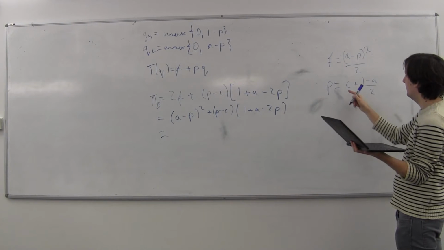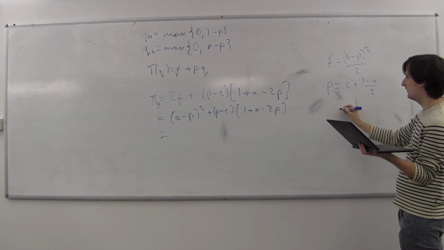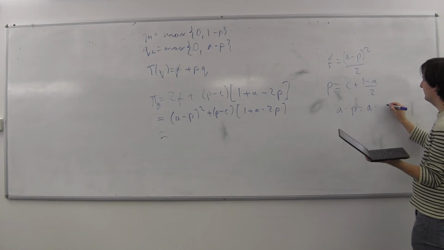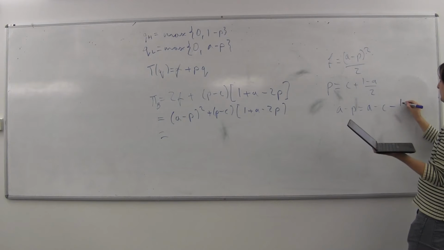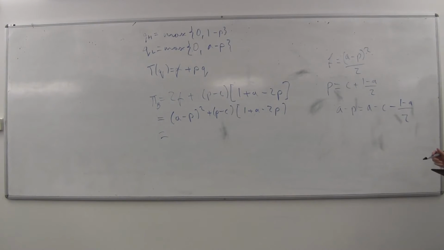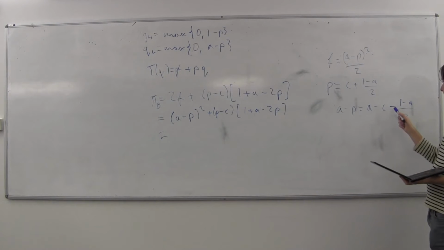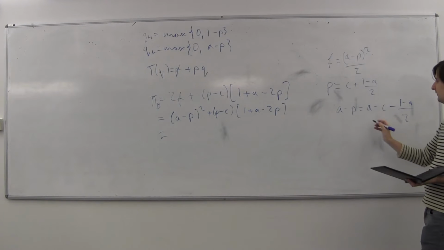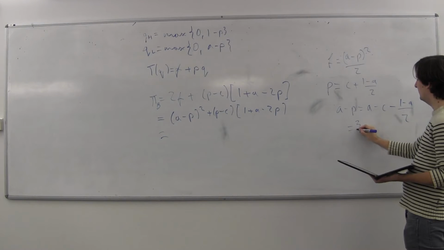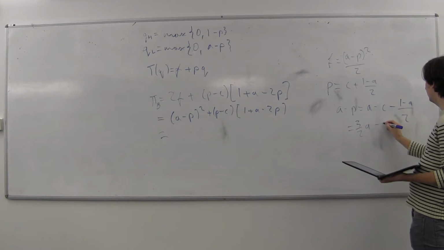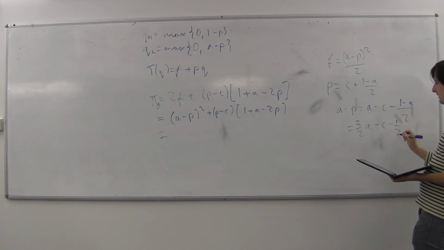So P minus C is this bit, A minus P is A minus C minus 1 minus A over 2. So what's that? We've got minus minus, so we've got plus half A here. So this is 3 over 2 A minus C minus a half. Does that look right?